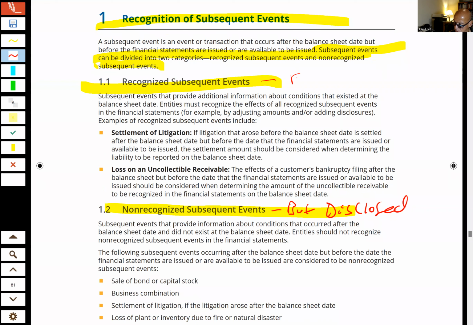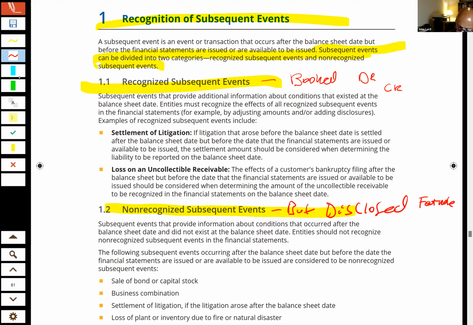Recognized means booked. By booked, I mean what? Debit, credit. Okay. Non-recognized means what? They're not booked, but they're disclosed, so there'll be somewhat of a footnote around those.